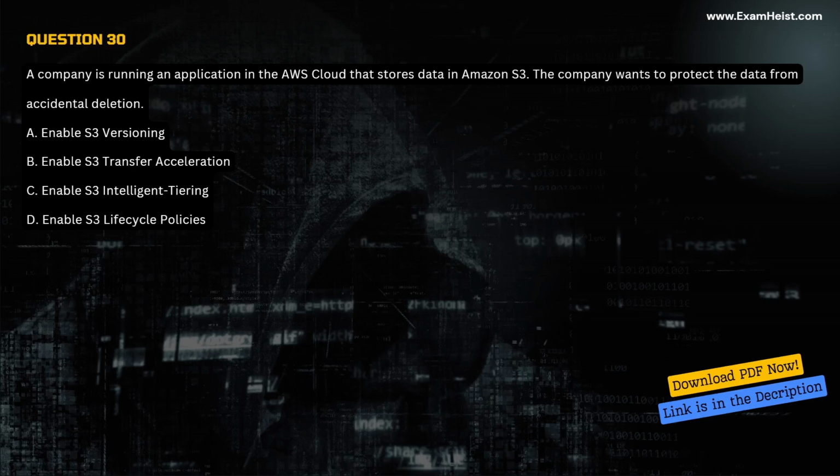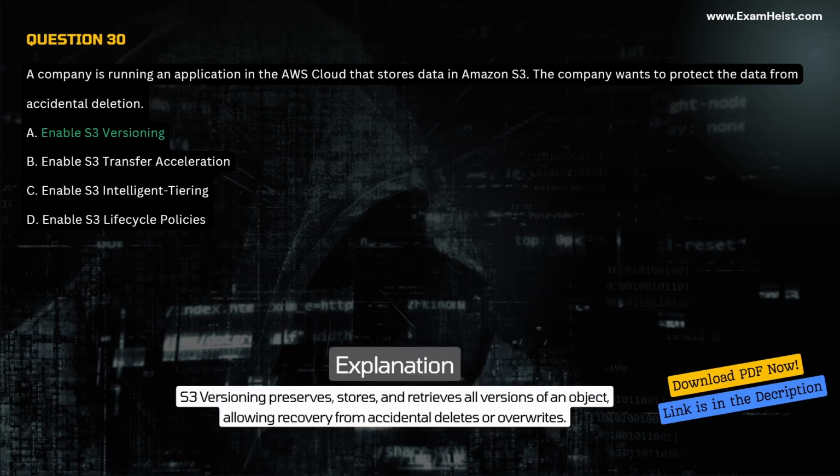B. Enable S3 transfer acceleration. C. Enable S3 intelligent tiering. D. Enable S3 lifecycle policies. Correct answer A. Enable S3 versioning. Explanation: S3 versioning preserves, stores, and retrieves all versions of an object, allowing recovery from accidental deletes or overwrites.